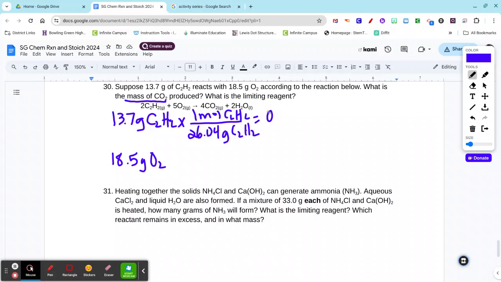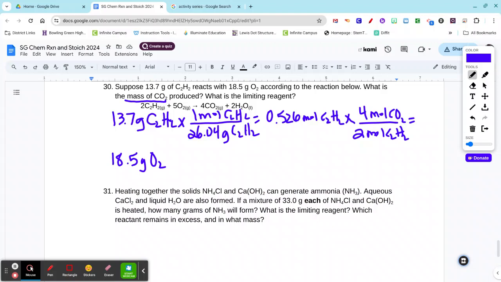And I got 0.526 moles of C2H2. And then I'm going to use my equation to go from 2 moles C2H2 in my balanced equation to 4 moles of CO2.